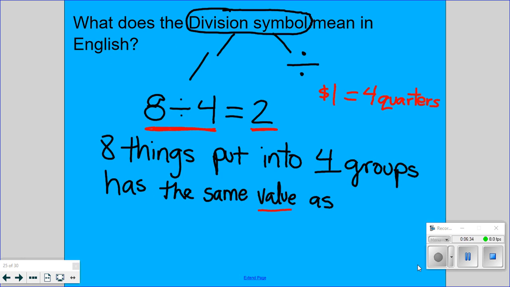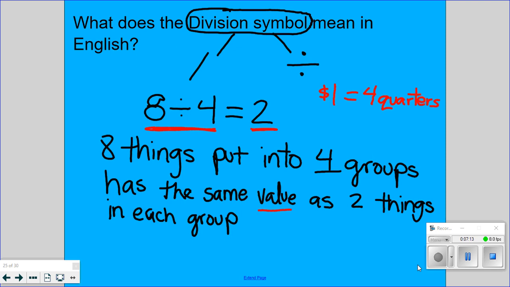Heidi? 2 in each group. 2 things in each group. 2 things in each group. So John, that's what you were talking about. Now I have 4 groups of 2. 2 in each group. So that 2 means it's not just 2, it means there's 2 in each one of those groups.